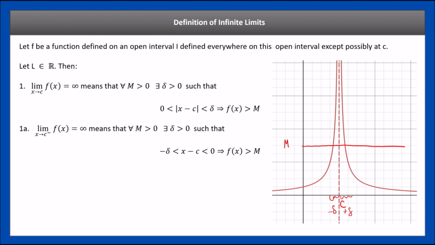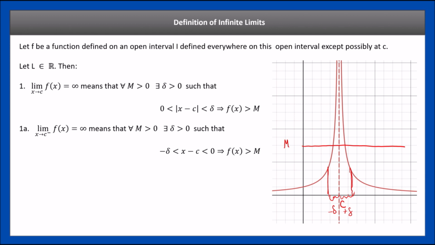So our cutoffs here are, sorry, here and here.